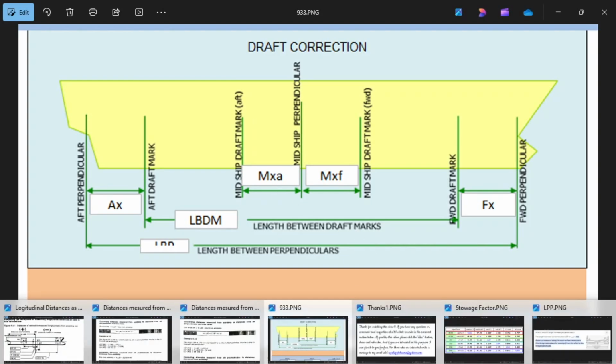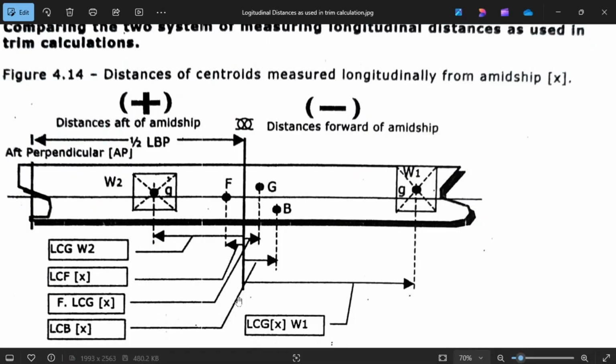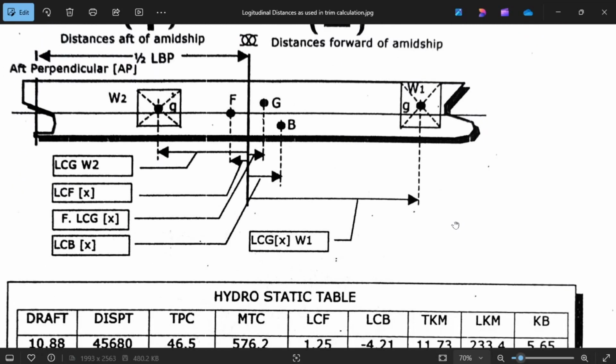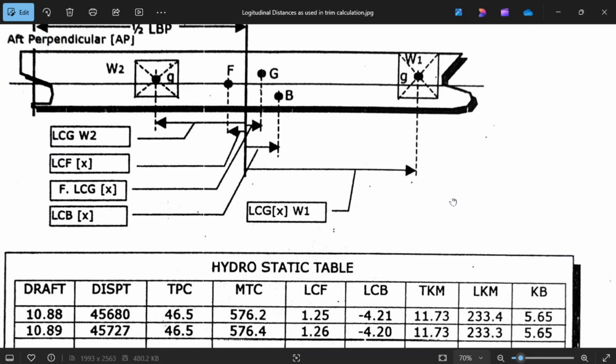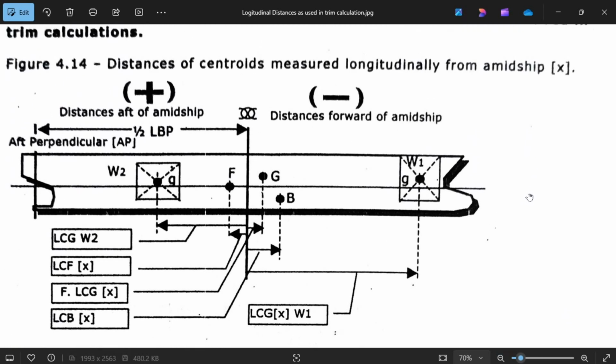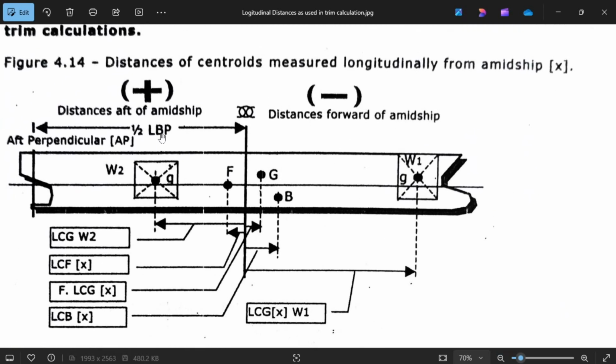Then let's go back to our figure. Then we have here the hydrostatic table. Okay. Now I'm sorry. The LBP here.